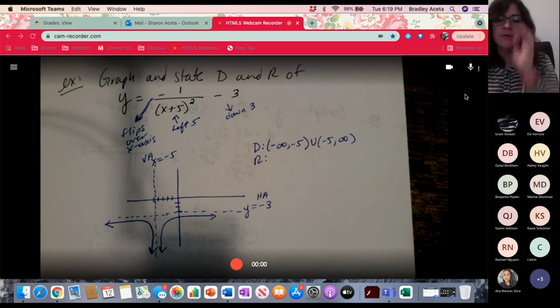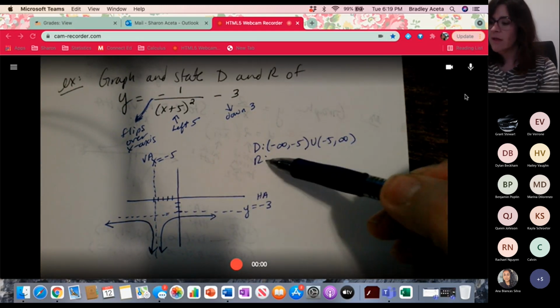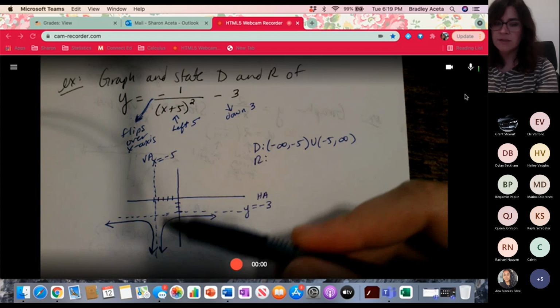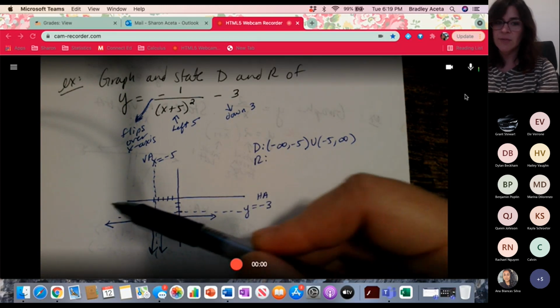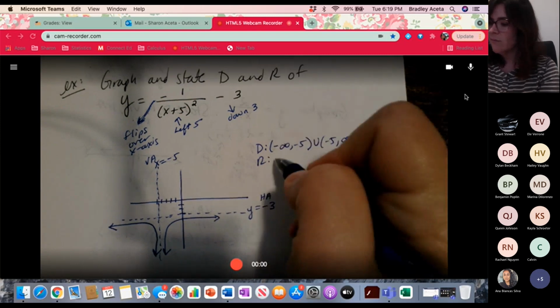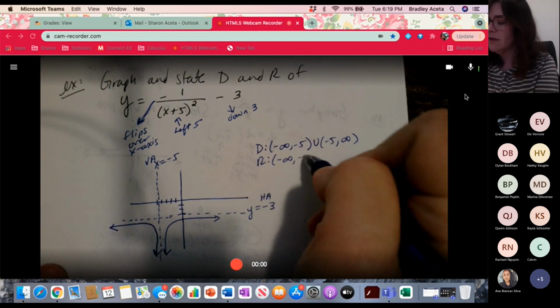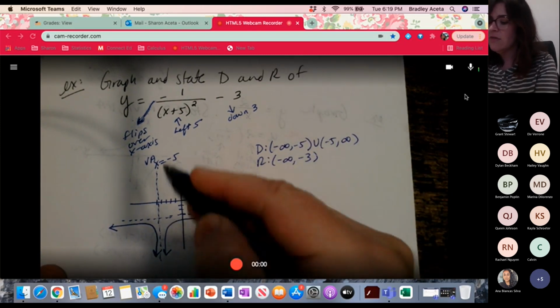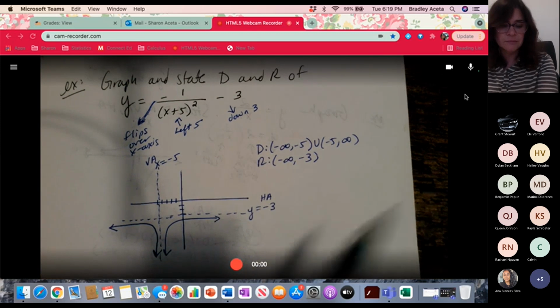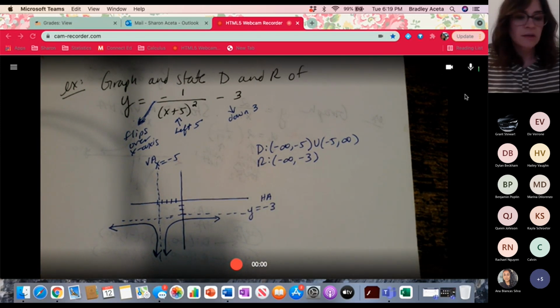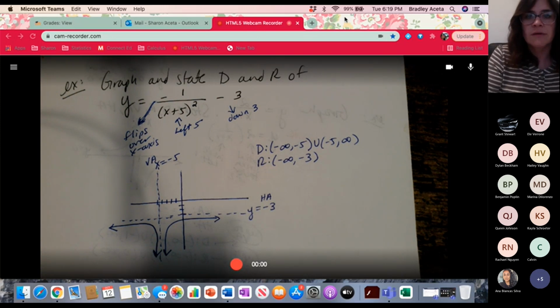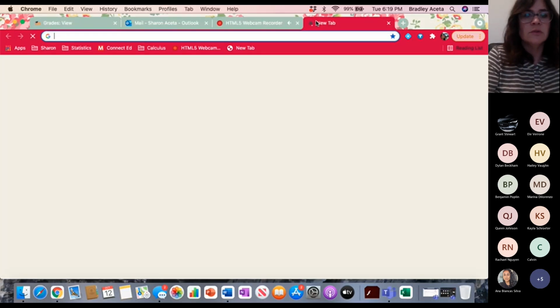The range, how tall is this thing getting? Well, the lowest point on the graph would be -infinity up until the horizontal asymptote. So -infinity to -3. But then I have nothing after -3.